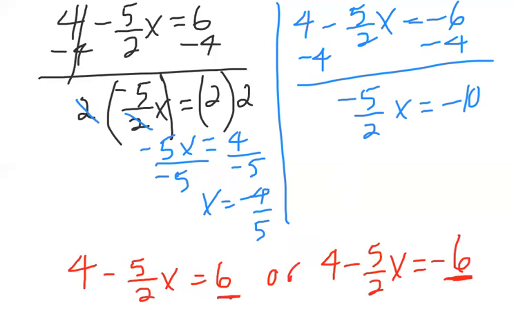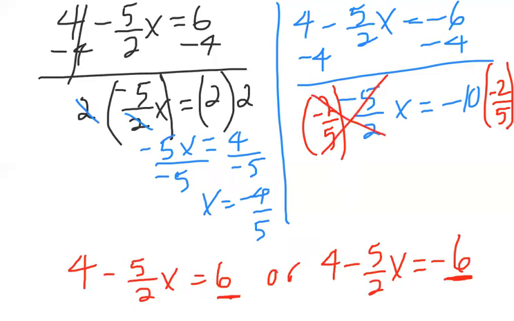Take the reciprocal of the negative 5 over 2, which gives you negative 2/5, and multiply both sides by negative 2/5, guys. And it works, okay? So this cancels out over here, leaving you with x. And then on the right side, 5 goes into 10 2 times. 2 times 2 is 4. Notice I'm saying positive 4 because it's a negative times a negative, so I get a positive.